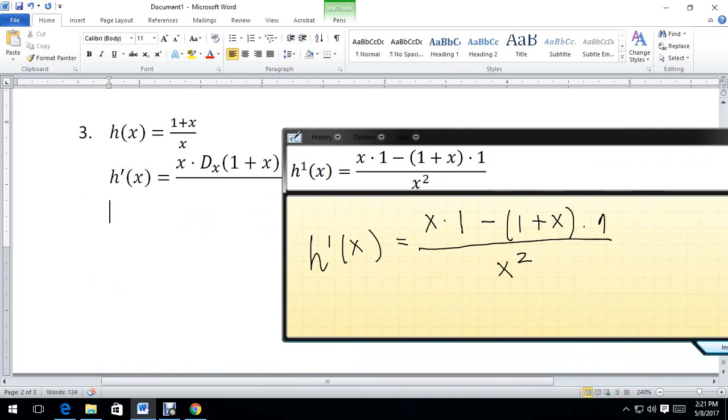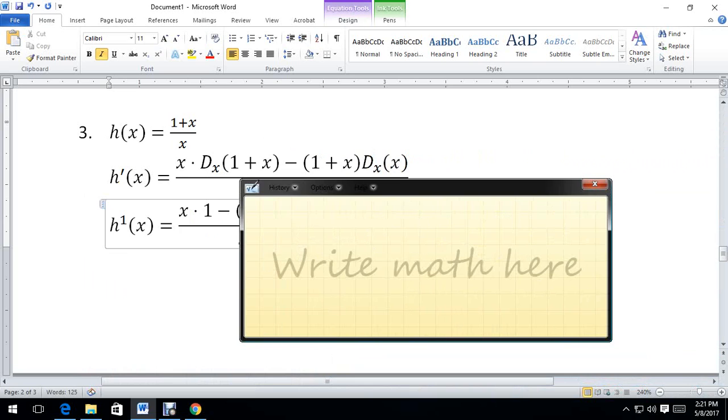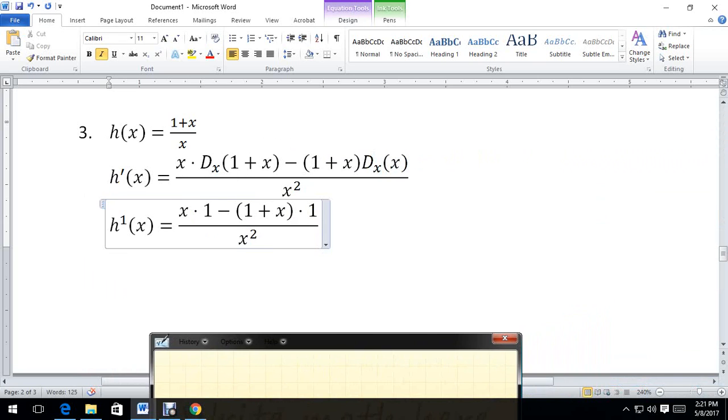Okay, so let's try to insert this in our document. So again, h prime of x is equal to first, low times derivative of high. The derivative of 1 plus x: the derivative of 1 is 0, the derivative of x is 1, so this is basically 1. 1 times x is obviously x.